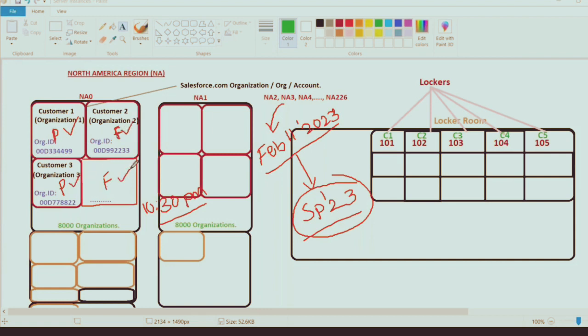Now, as part of Salesforce, this is a major benefit that we have, because here there is no concept of older version and newer version. Everybody will be on the same platform, on the same new features. This is a major benefit that we have as part of Salesforce.